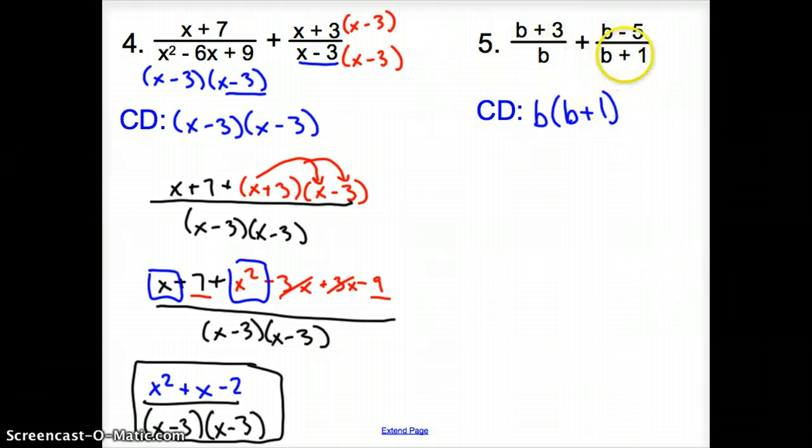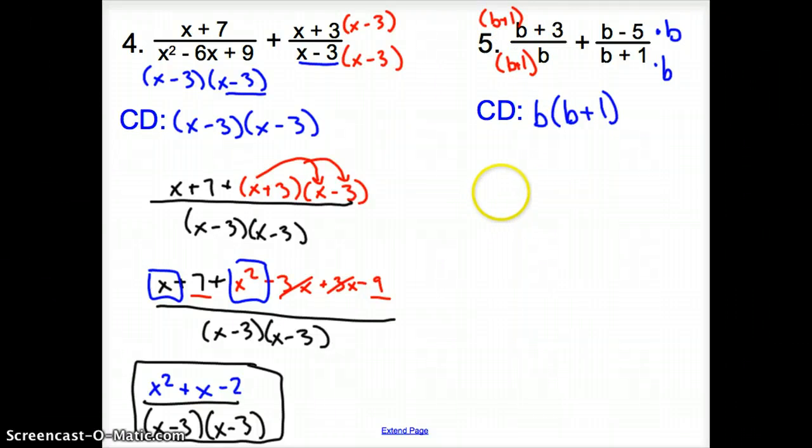So what do I have here in my denominator that I need from my common denominator? I need a b. So I'm going to take this top and bottom times b. Then here, what do I need from my common denominator? I need a b plus 1. So I need a b plus 1 right there.